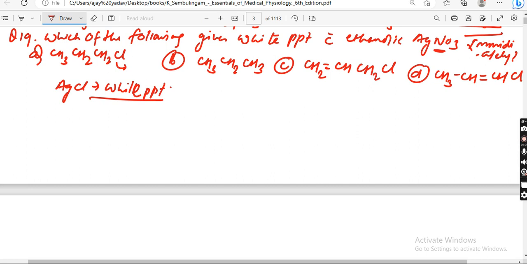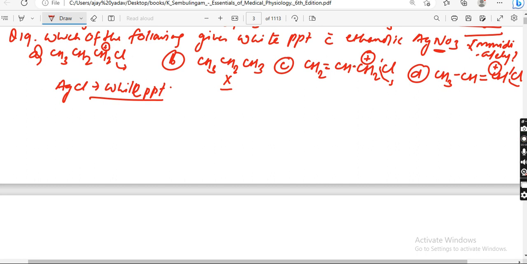Suppose Cl is removed from here, a carbocation forms. Second, this is an alkane, so I'm removing this. This is no option. Now let us see here. If I remove chlorine from here, the positive charge will be here, and if from here, the positive charge will be over here. So think wisely, which will be more stable?